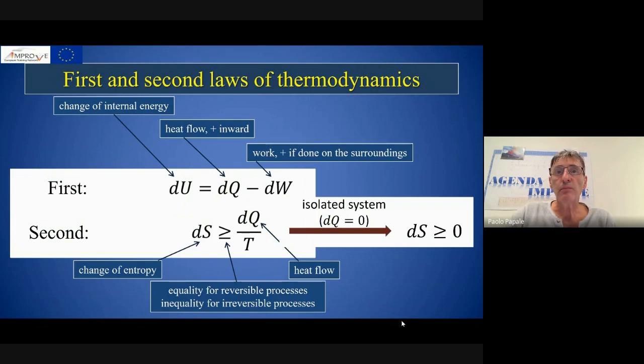As an example, if we leave a gas phase free to expand inside the room, its expansion is an irreversible process. The second law tells us that such a process is associated with an increase in the entropy of the system formed by the gas and the room.